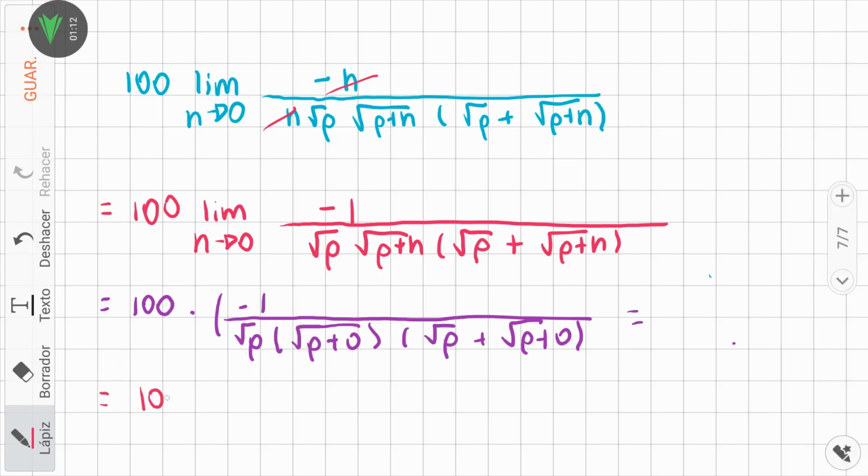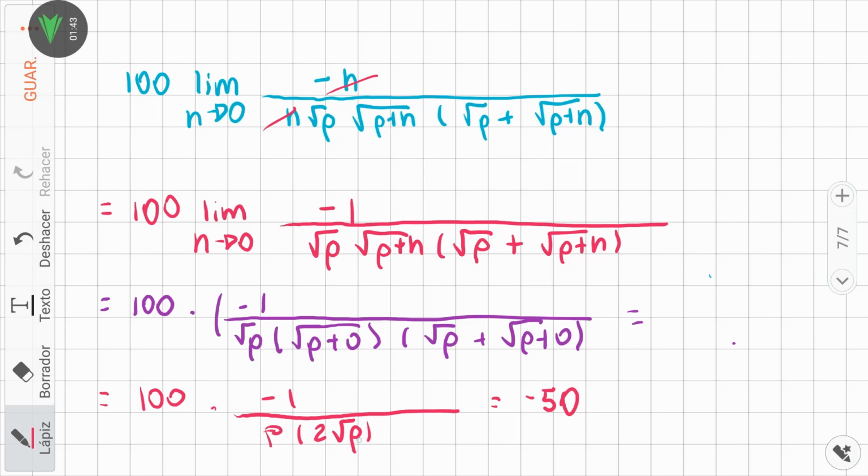So that is simply p. Basically, as I said before, you're multiplying two square roots, so just eliminate that square root and copy what's inside, which is p, okay? And then you multiply that by the square root of p plus the square root of p, that will be 2 square root of p. And that is equal then to 100 over 2 times negative 1, that's negative 50.